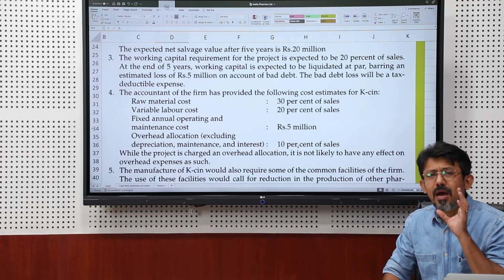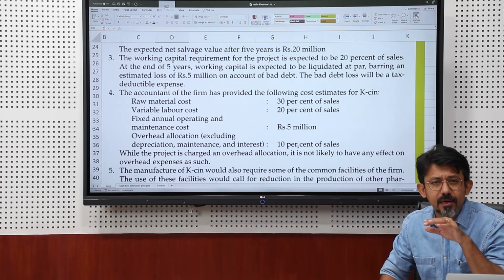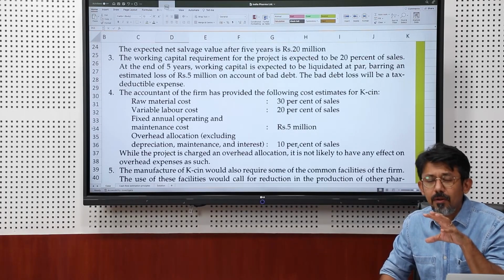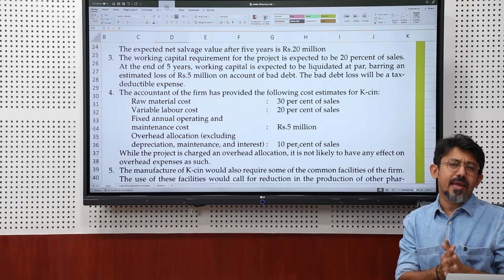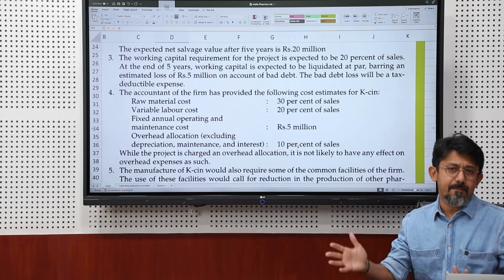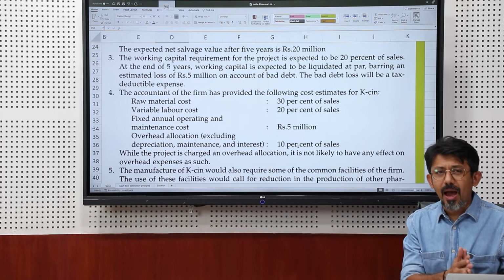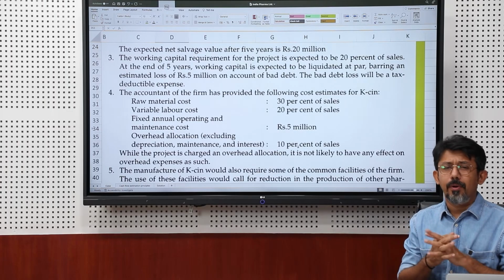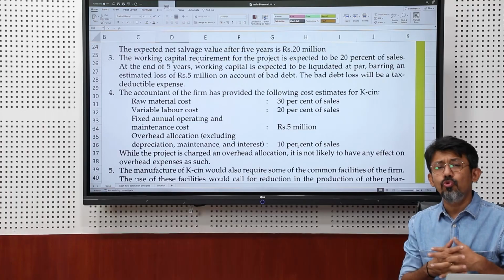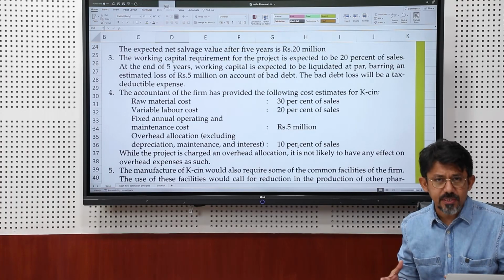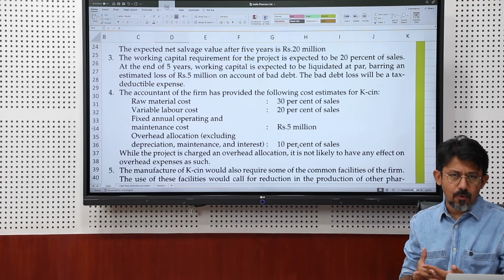Overhead expenses are common expenses which are incurred at the company level, but it is very difficult to actually try and allocate them to a particular product or a particular production center, and hence we go through an allocation process in cost and management accounting.